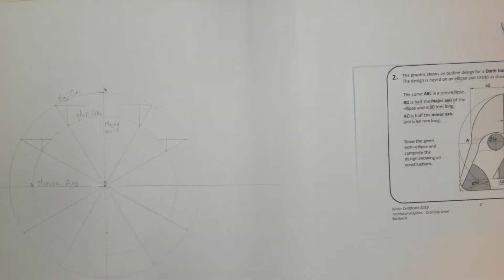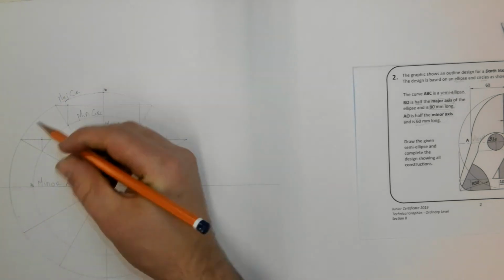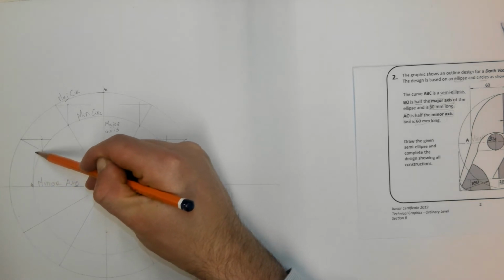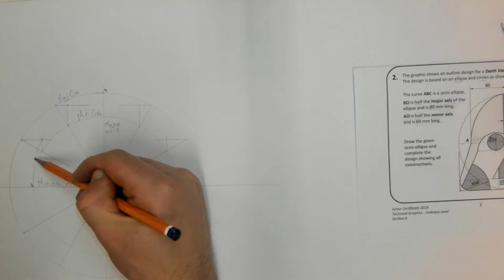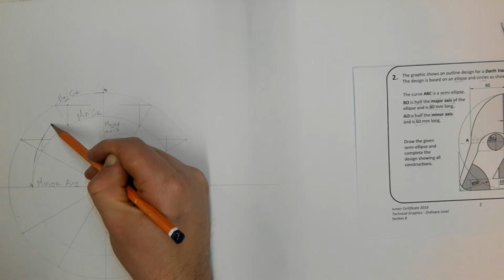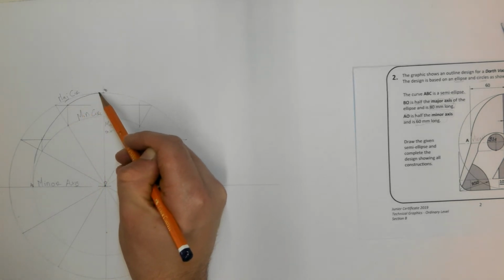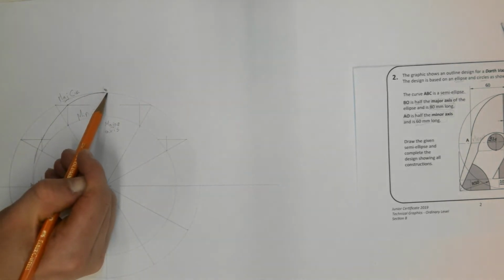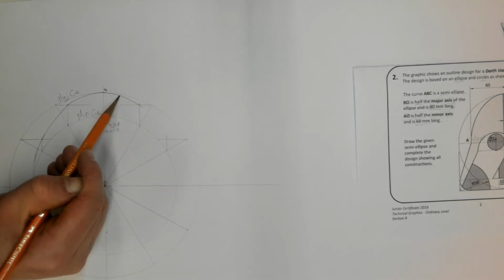Okay, now we're going to mark them in and we're going to freehand sketch these in. So A is a point on the curve and so is point B. Okay, and then we can go around here and sketch these in.